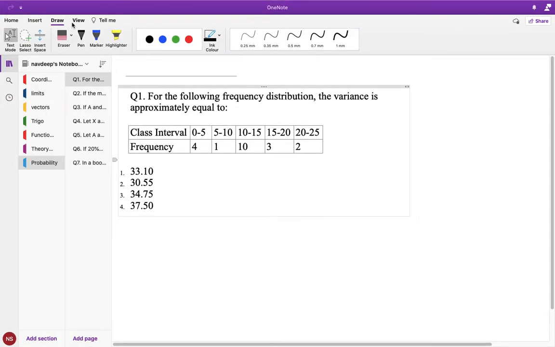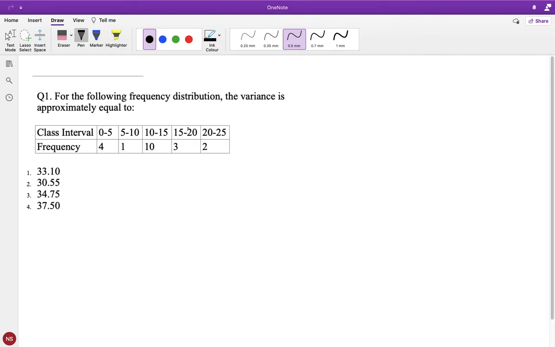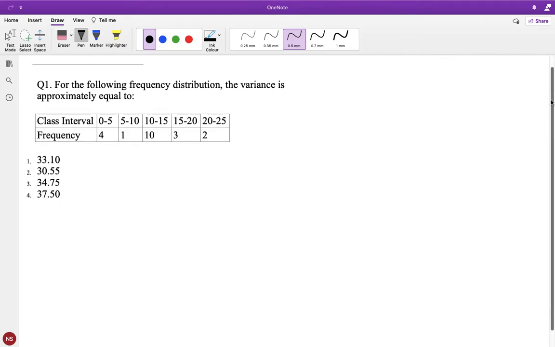Hello everyone. So continuing with the September 10, 2020 Shift 1 exam, I will be solving for probability in this video. So there are total 7 problems in probability.